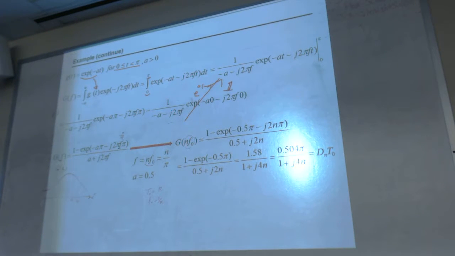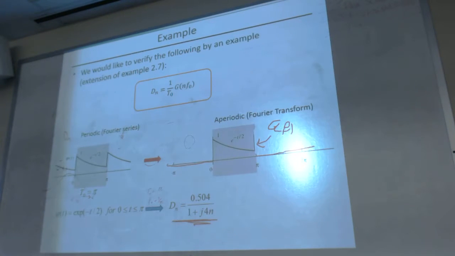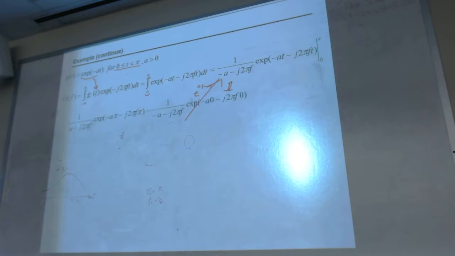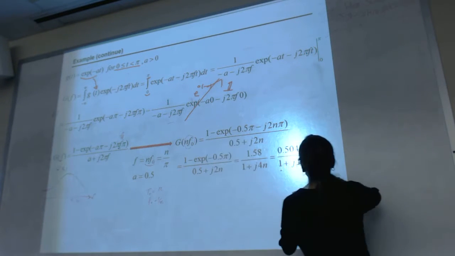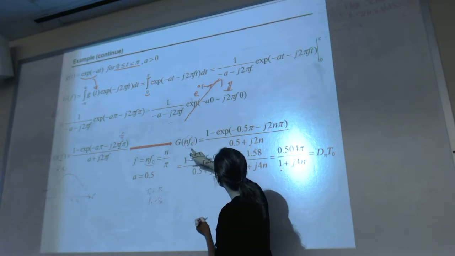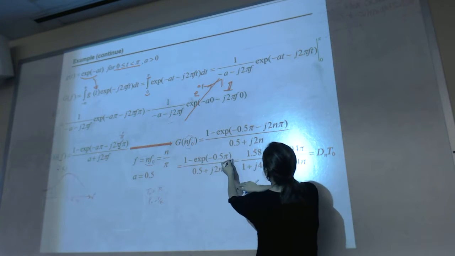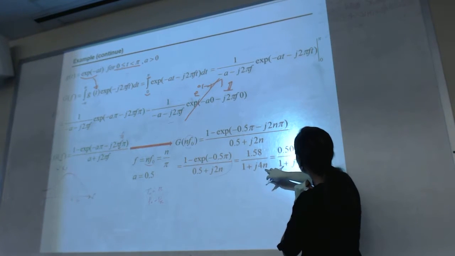And then I'll compare it with dn from the previous slide. dn was this. G of n f naught. Okay, and then I guess we simplify that.